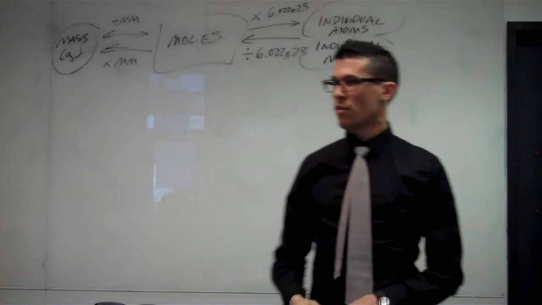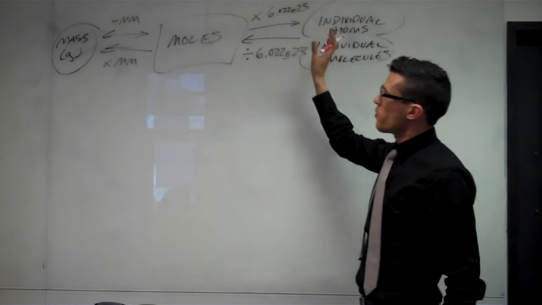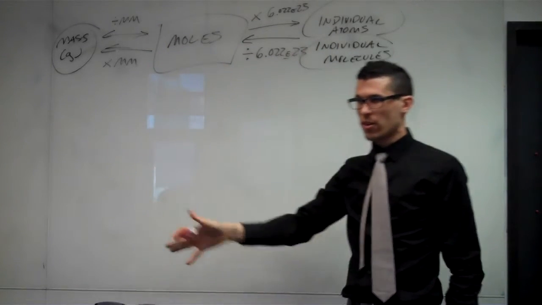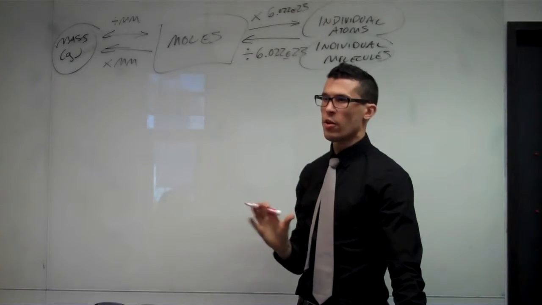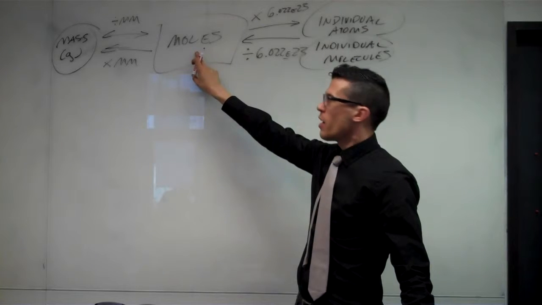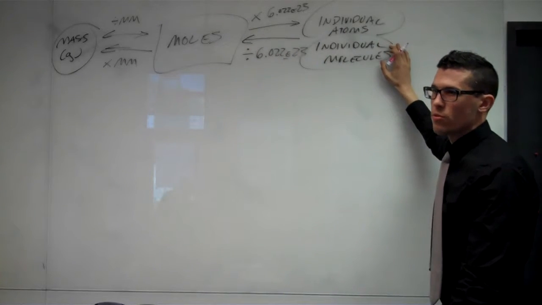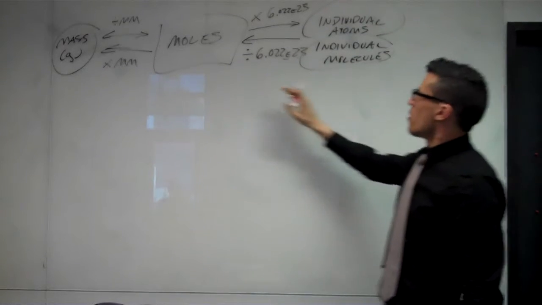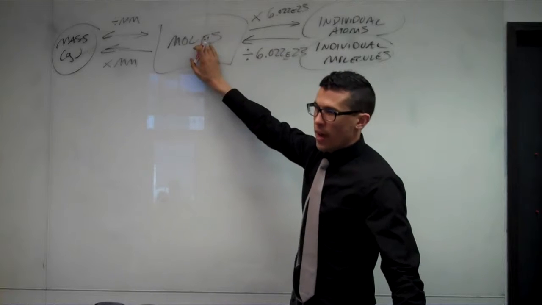What's the difference between atoms and molecules? Well, in terms of this chart, nothing. So, for instance, if I have moles of CO2, CO2 is a molecule, right? So if I have a mole of CO2, it's going to turn into individual molecules of CO2. But let's say I have a mole of carbon atoms.